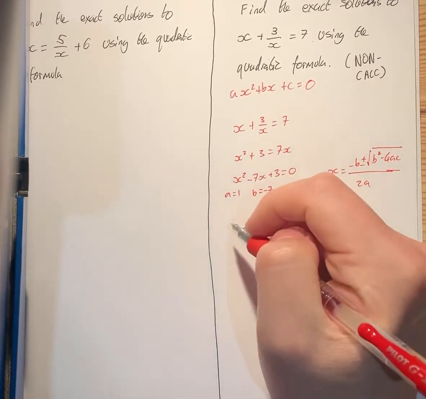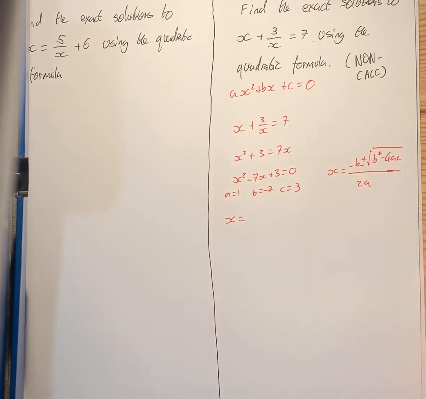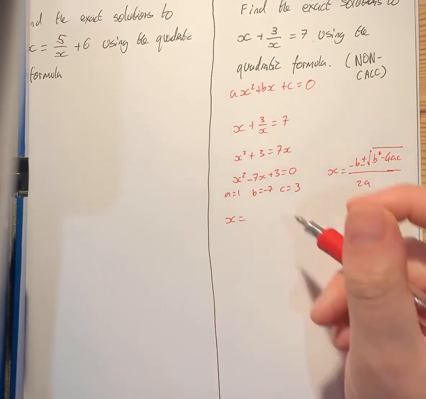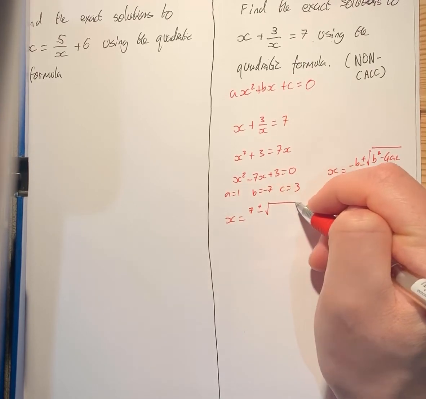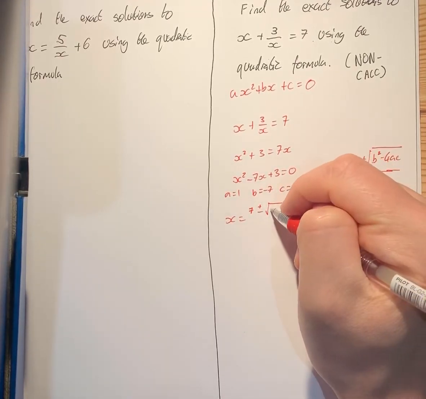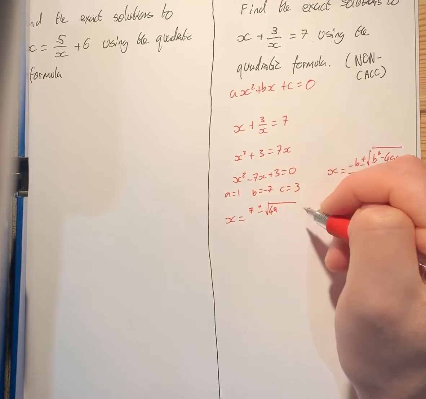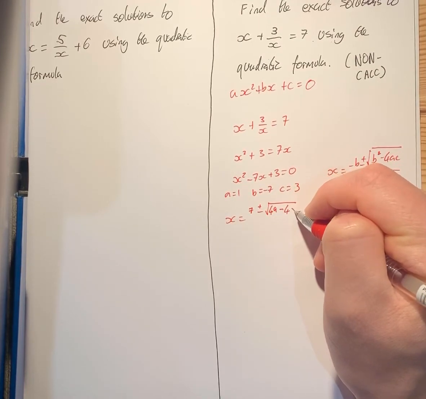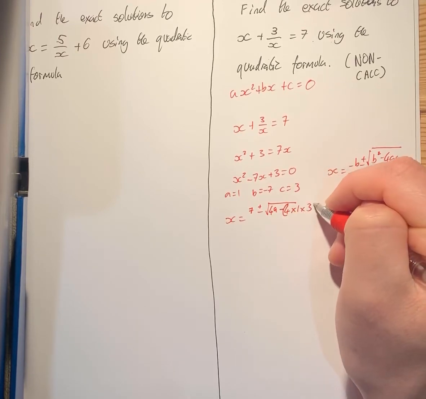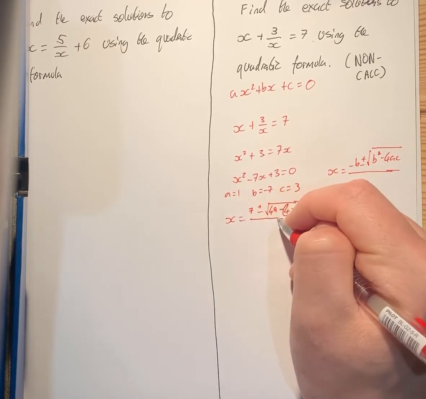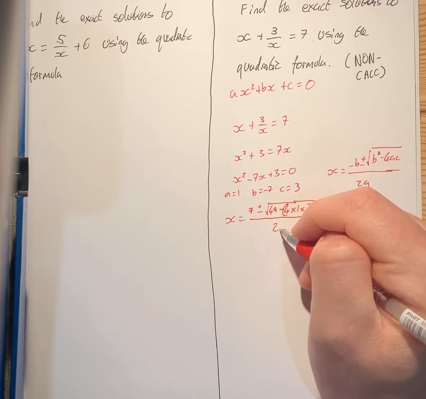Substitute your values in. Minus b, so minus 7, so that's 7, be careful there. Plus minus the square root of b squared, so that's minus 7 squared, which is 49, minus 4 times 1 times 3. I'll just stick that in brackets just to make it really clear. All over 2a, all over 2.